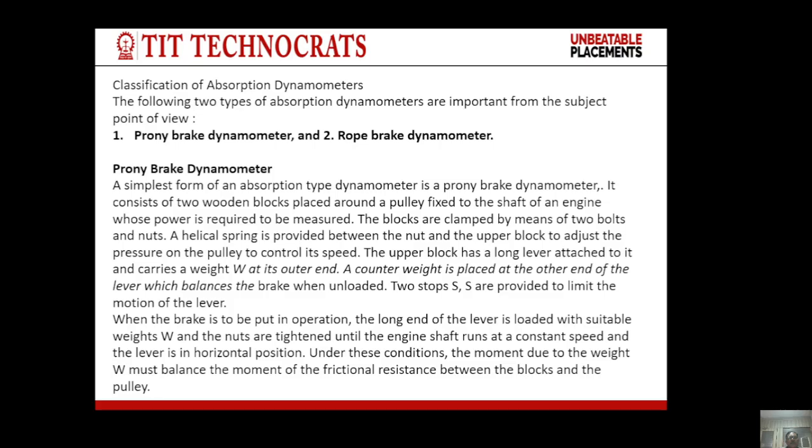The simplest form of absorption type dynamometer is the Prony brake dynamometer. It consists of two wooden blocks placed around a pulley fixed to the shaft of an engine whose power is required to be measured.